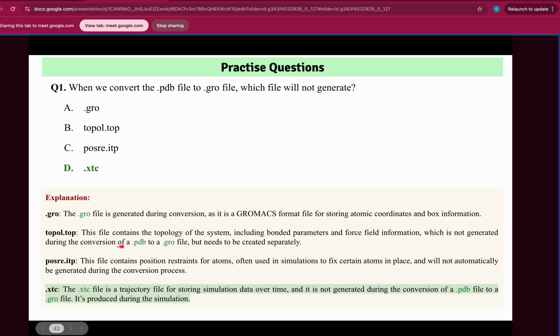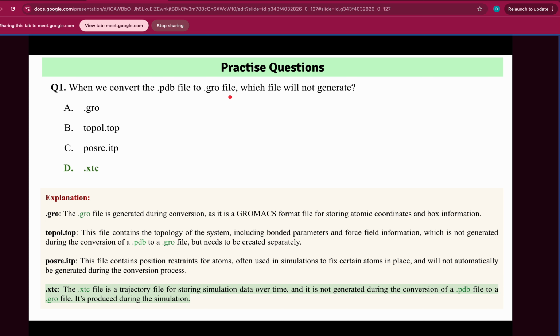Posre.itp contains the position restraints for atoms, whereas .xtc is a trajectory file for storing the simulation data over time. So it is not generated during the conversion from .pdb to GRO; it is produced during the simulation. That's why this is the right answer, because this file will not be generated when we convert PDB to GRO file.